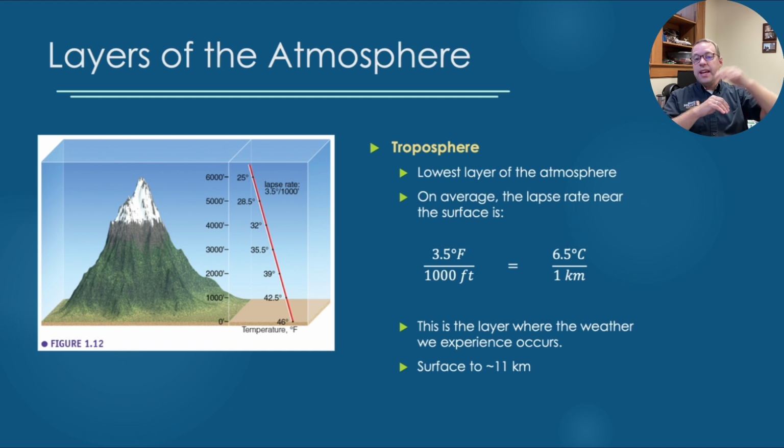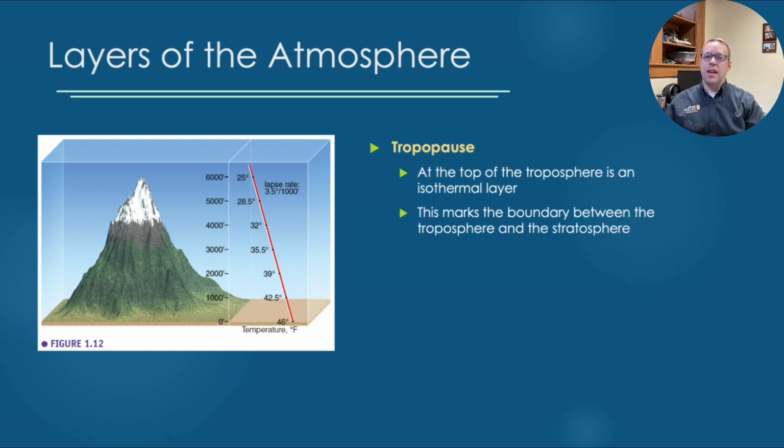Now, this is the layer where our everyday weather occurs. It has a depth of about 11 kilometers, which is about 7 or 8 miles. Get the right unit there. So that's about how deep this troposphere is. That's the layer of our atmosphere where weather occurs.